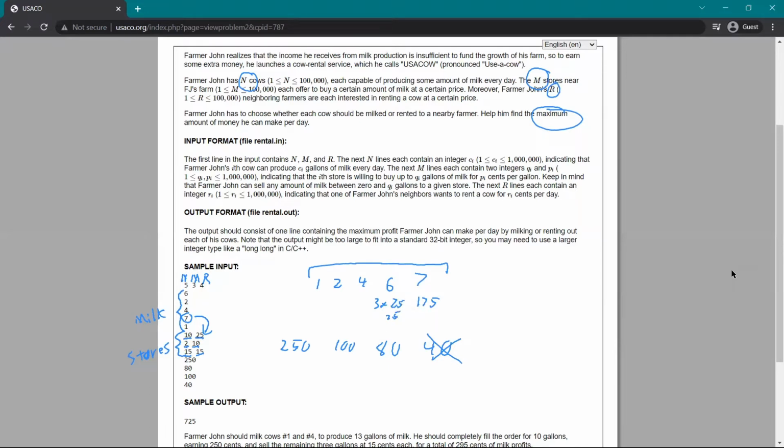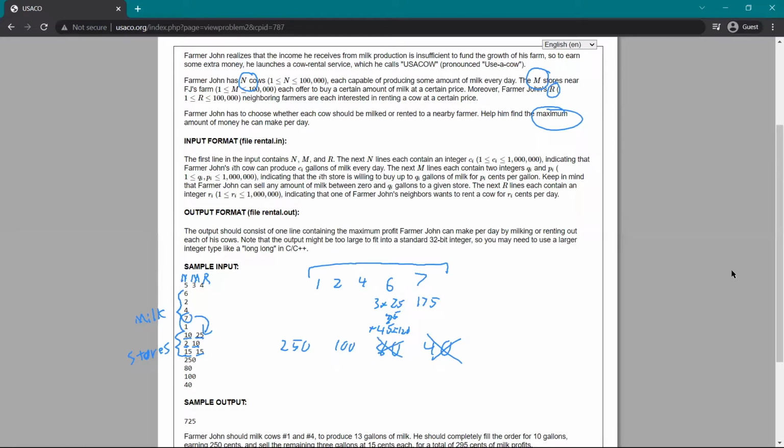And then the next 3 will go to the 15-cent store, which means it's going to buy at 45 cents, which means that it's 120 cents. Is that right? Yes, it is. And if you look here, 120 cents is greater than 80 cents, so we're not going to be renting out that cow to the farmer.